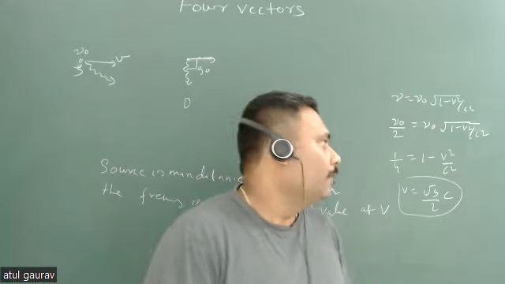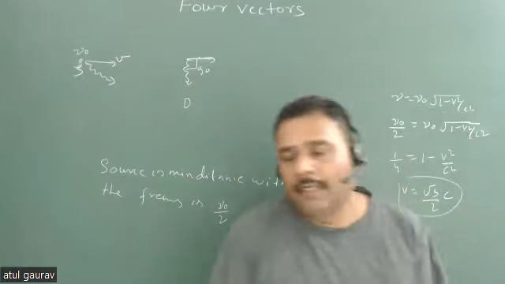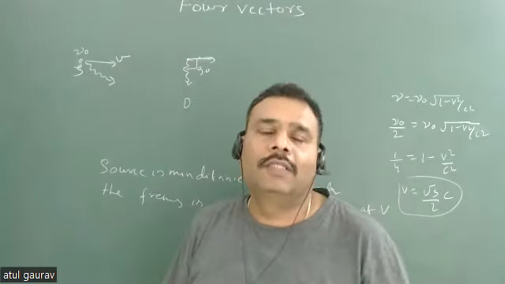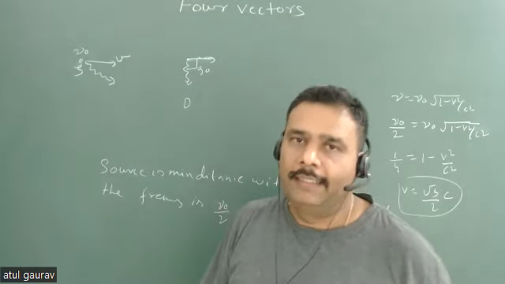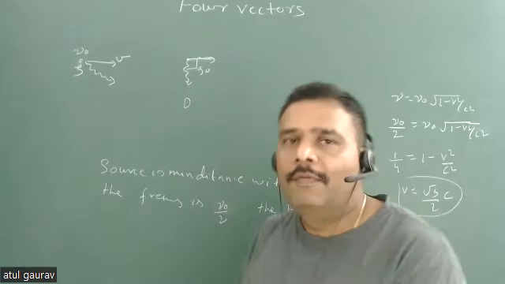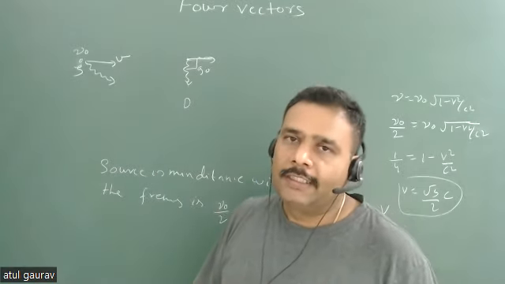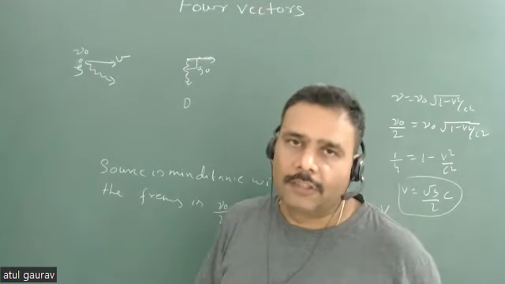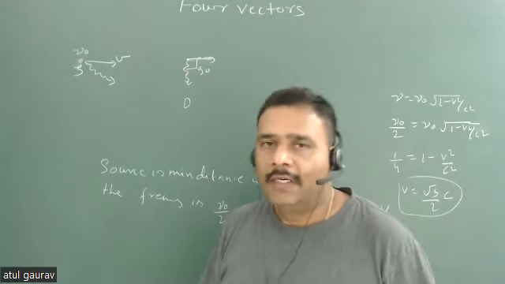So here we will go for a very nice analysis all about charge density and current density. We have the same type of symmetry between charge density and current density. So there is again a Lorentz transformation for charge density and current density.